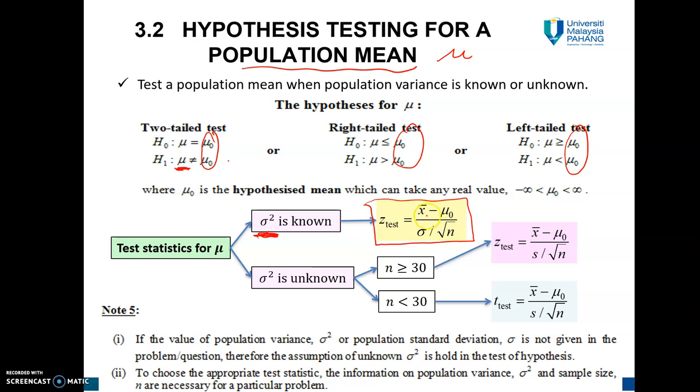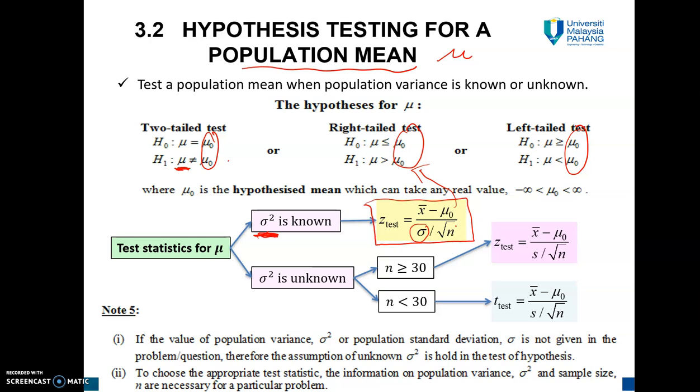You can see the formula is x bar minus mu naught over sigma over square root n. x bar is the sample mean. Mu naught you get from step 1. Sigma is known. How do you know? You get it from the question, where they mention the population variance is known, for example. And n is the sample size. The formula is given in your statistical table.